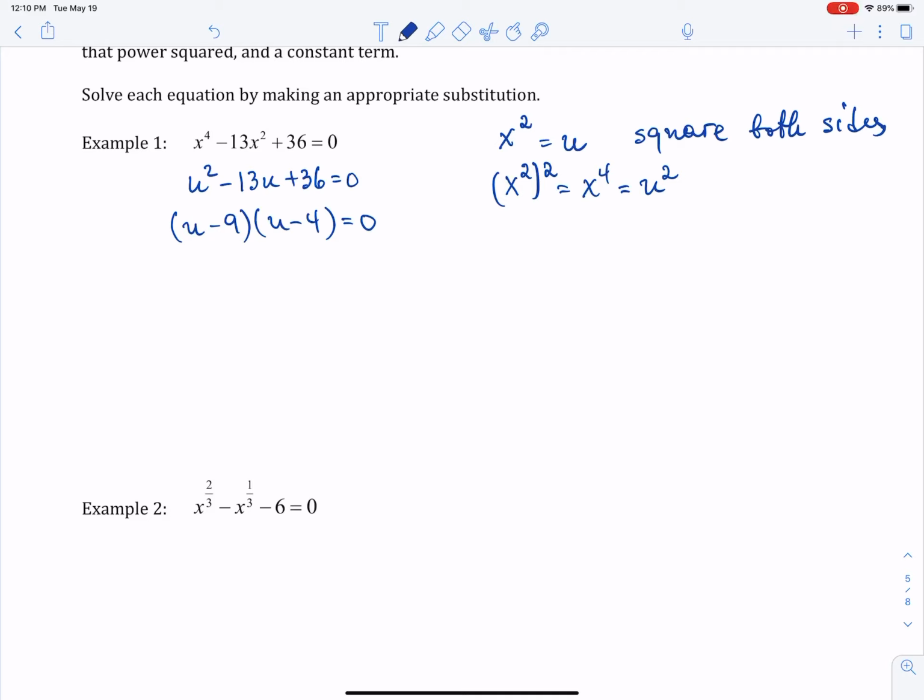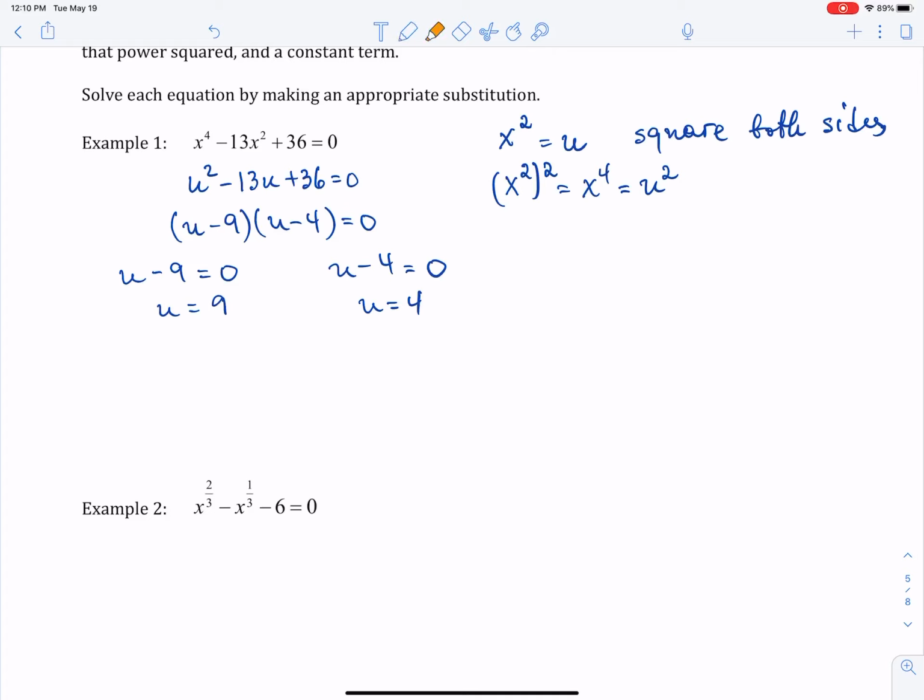So again we factored, and according to the zero product property, u minus 9 needs to be 0, or u minus 4 needs to be 0. Now what this means is that u is equal to 9 or u is equal to 4.